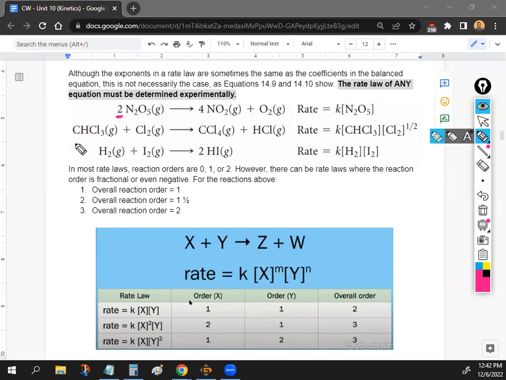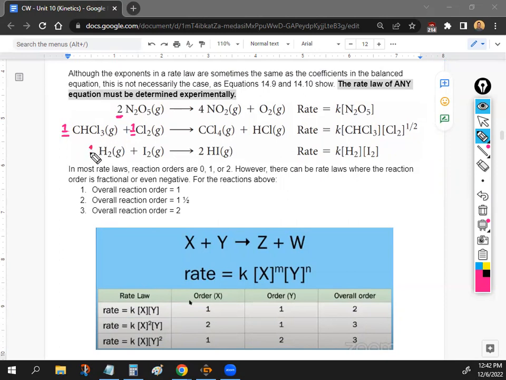Here's another example. If you look at the coefficients here, it's 1 and 1, right? For one of the compounds, the exponent is 1, but for the other one, it's half. That's my way, again, of showing you that sometimes one of them depends on the coefficient and the other does not.